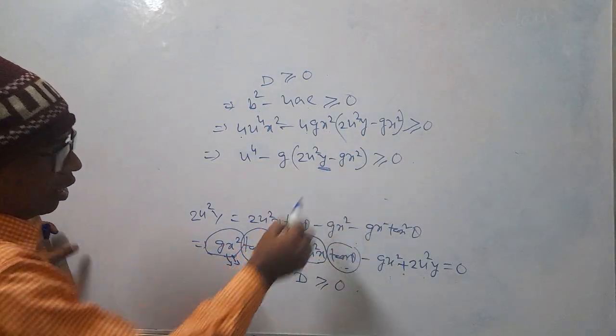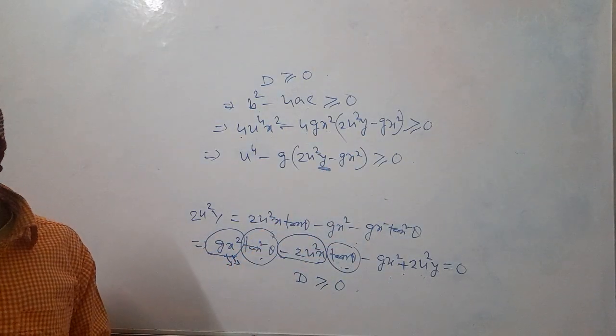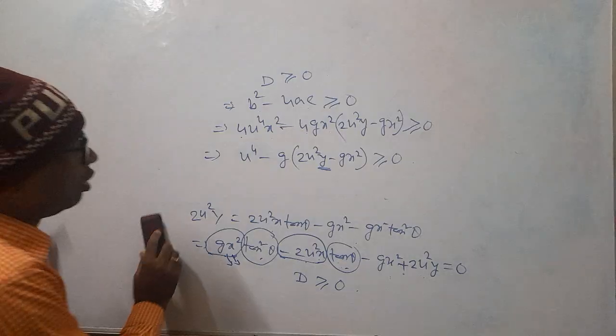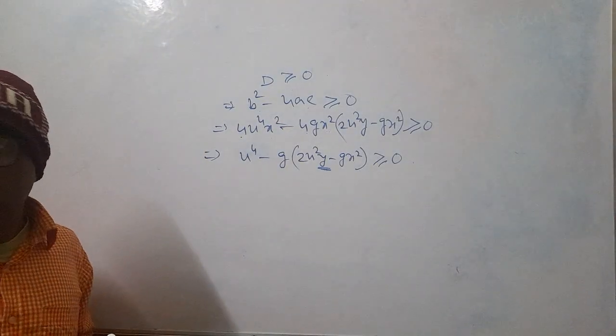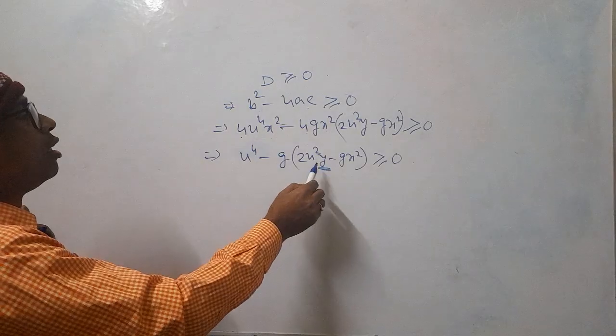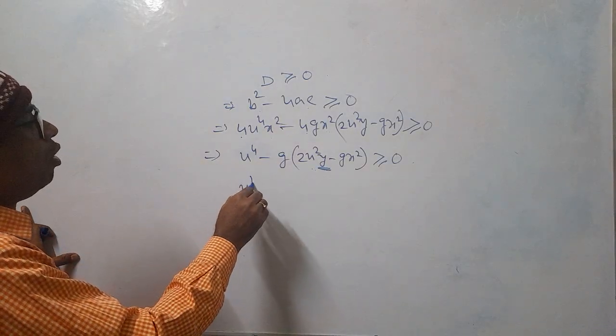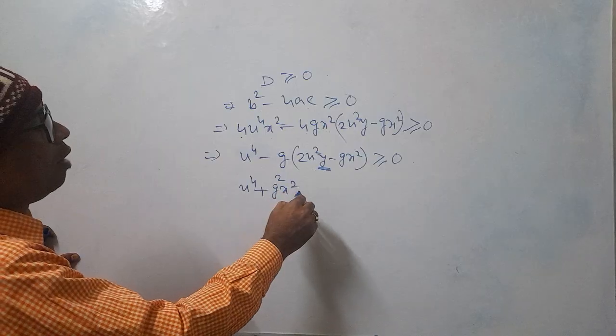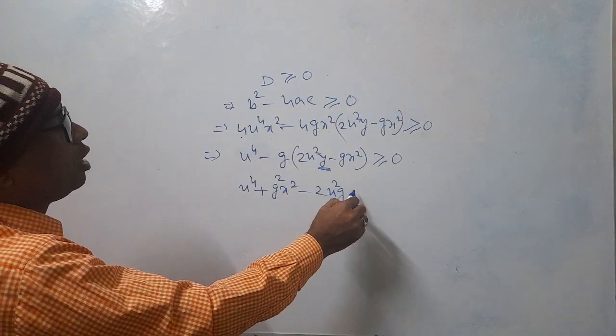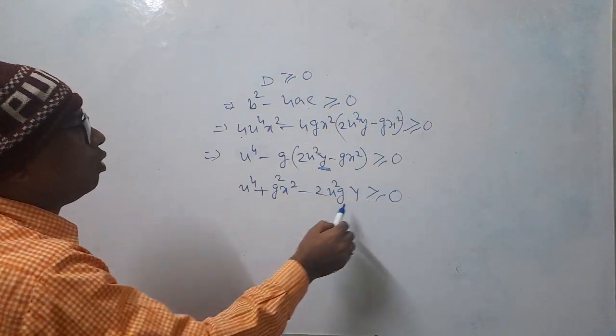So we get the maximum or minimum value of y. Very interesting question, generally asked in JEE Main and medical and also in JEE Advanced. u to the power 4 plus g square x square minus 2u square gy is greater than or equal to 0.